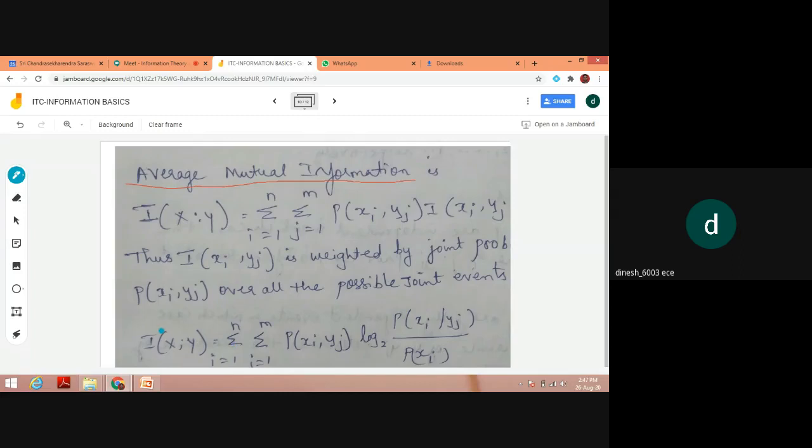So this we get as the maximum mutual information. This one is highlighted in blue color, just substituting the logarithmic function of information I.